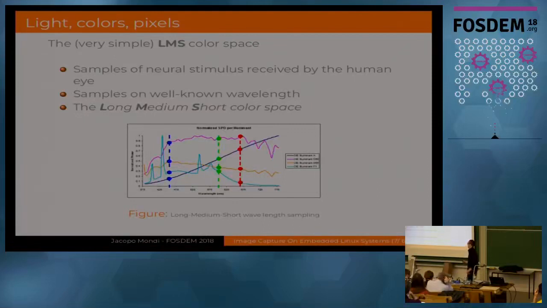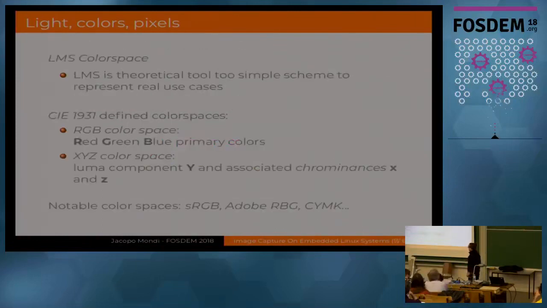The same goes for all the other colors. In this way, we have constructed a mathematical model that is nothing more than a tool, but describes uniquely with a tuple of values the perception of the color. We can call that the long, medium, short color space, but again, that's a tool.